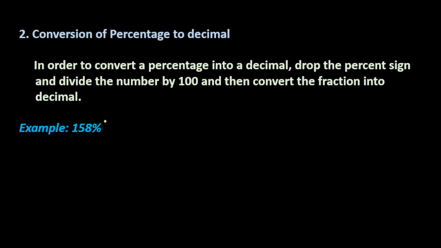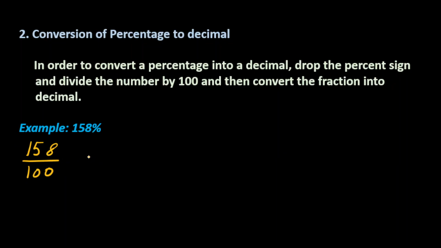Now let's do the next one, conversion of percentage to decimal. Now percentage is there, we just have to convert this percentage to decimal. Like fraction we did, same way we will do for this also. See, 158 we will write, drop the percent sign and divide it by 100.